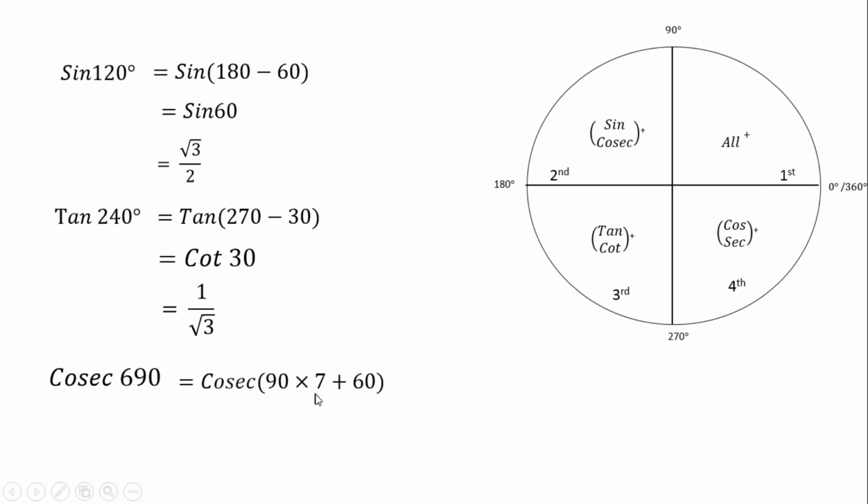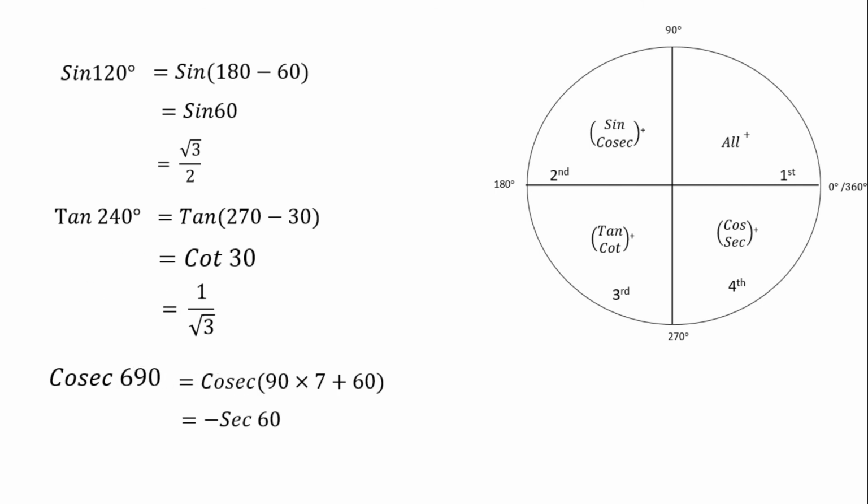Now after changing this, we have to focus on this 7. Before starting the video, I taught the rules: an even number does not change, an odd number changes. So here this number will tell you odd or even. 7 means odd number, so the ratio will be changed, so cosec will change into sec 60 degrees.